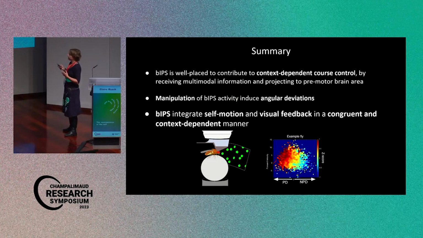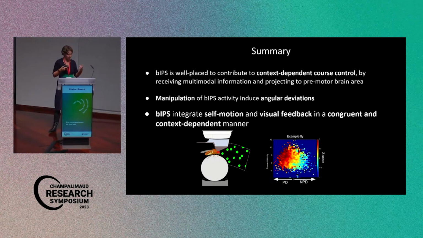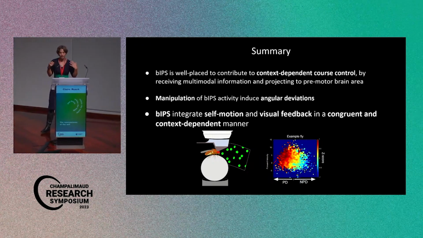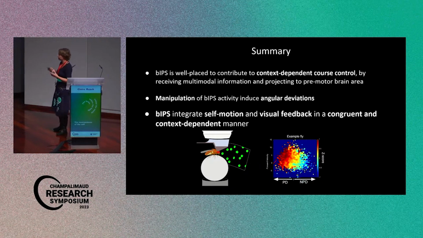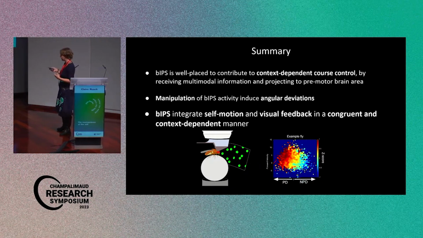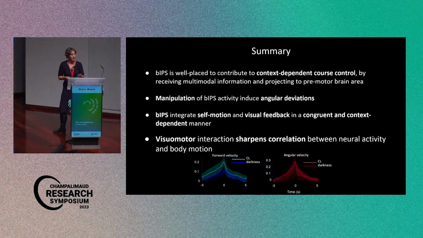We see that BIPs integrate both visual feedback and self-motion in a very congruent and context-dependent manner. So it's really integrating both cues in the same way, with this very behavioral state and context-dependent manner. And finally, we saw that visual-motor interaction seems to sharpen the correlation between the neural activity and the way the fly is moving through space.